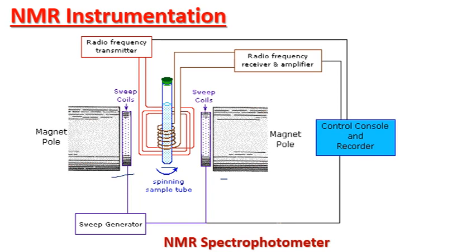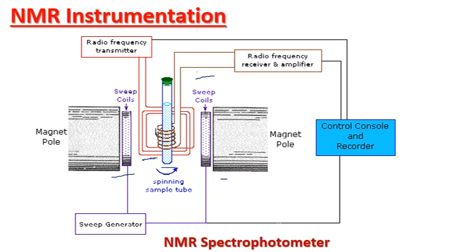Radio frequency radiation of appropriate energy is broadcast into the sample from an antenna coil. This is the red colored coil, and this is the receiver coil, surrounding the sample tube.